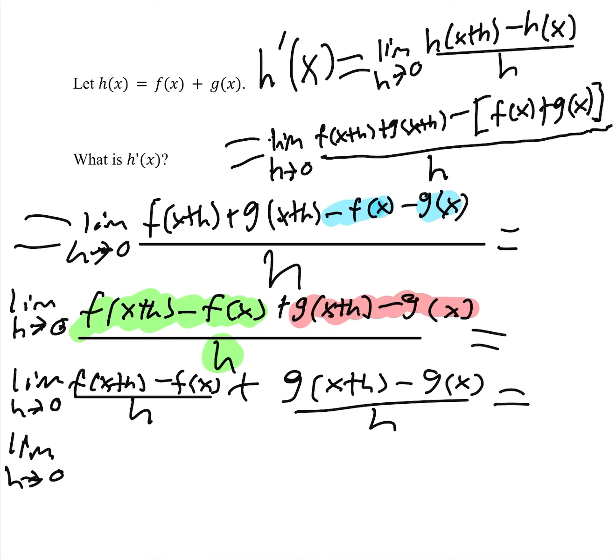Now, the limit of a sum, you can take the limit of each of those terms. That's something we didn't really discuss previously, but it's kind of a logic thing. The limit of a sum is you take the limit of each term. The limit of a product is you take the limit of each factor, things like that.